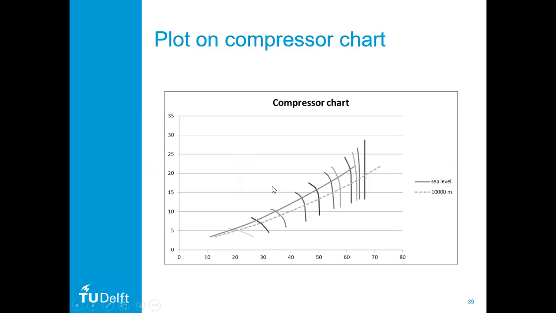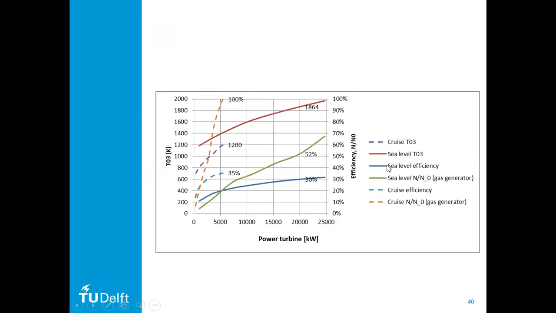Well, I can plot on the compressor diagram, I see sea level a little bit, but it's closer to the surge line, so the quite convenient curve is now running on the sea level case. And you can also see the power of the turbine. What you also see here is the sea level temperature and the pressure ratio, and you also see here the efficiency.